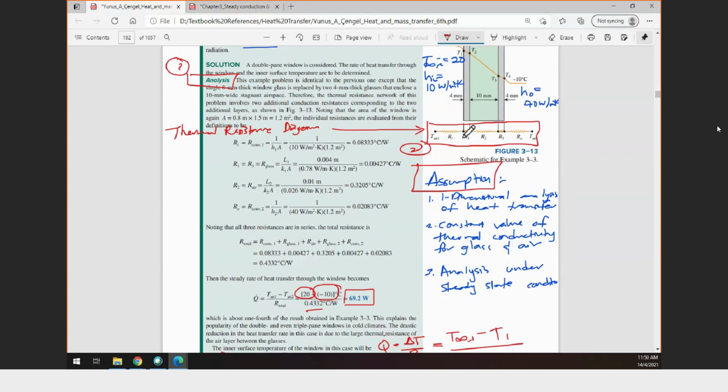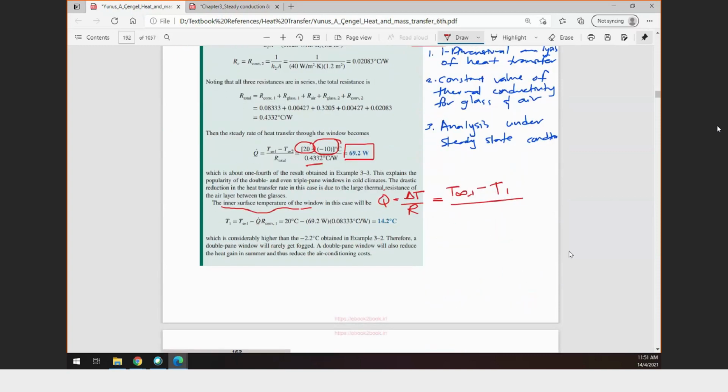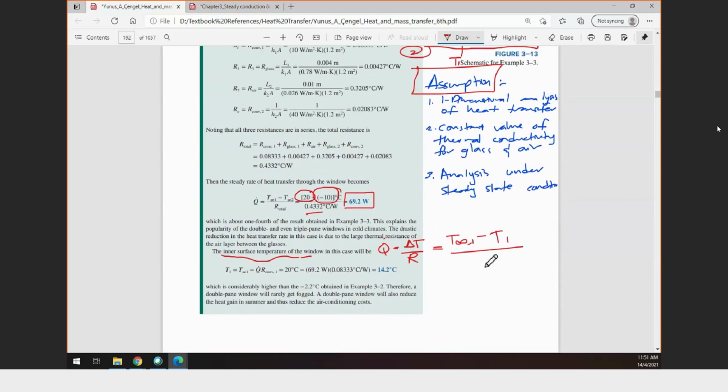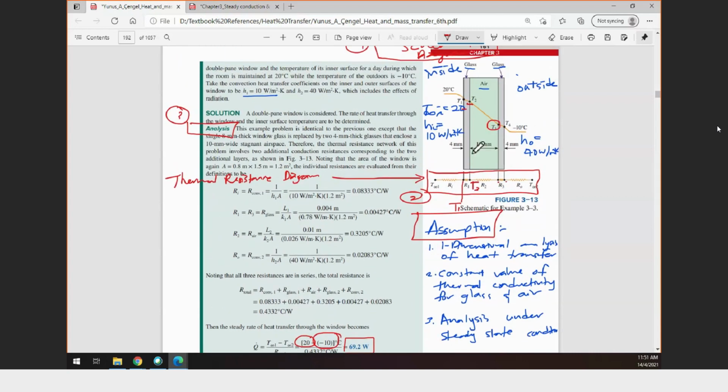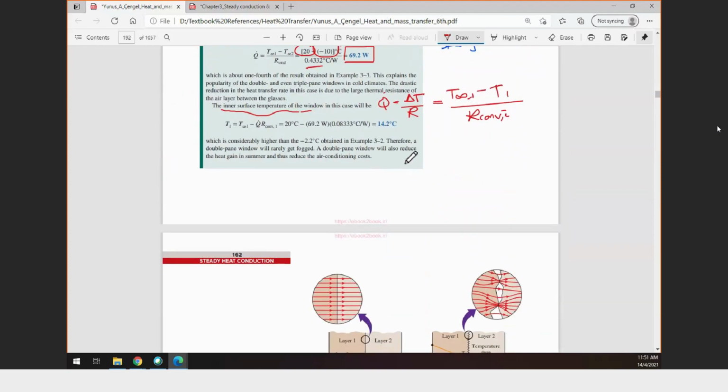T1 is here. This one is T1, this one is T2, this one is T3, this one is T4. The corresponding resistance within this range is R due to the convection in the inside section.